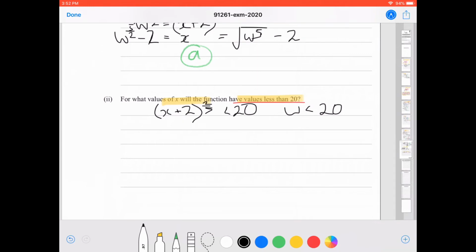Let's do what we did before and say x plus 2 is less than 20 to the power of 5 over 2. And so x plus 2 is less than, and let's calculate that, 20 to the power of 5 over 2 is 1,788.